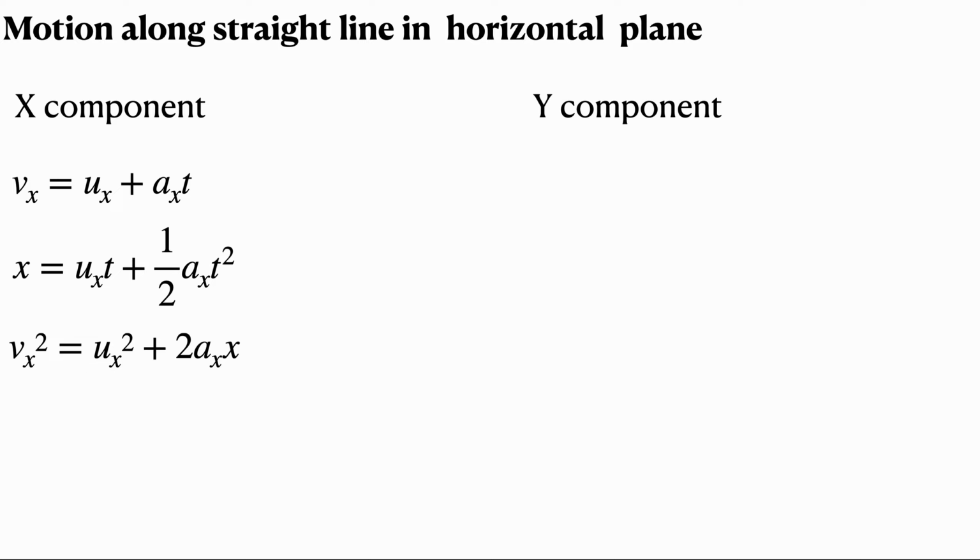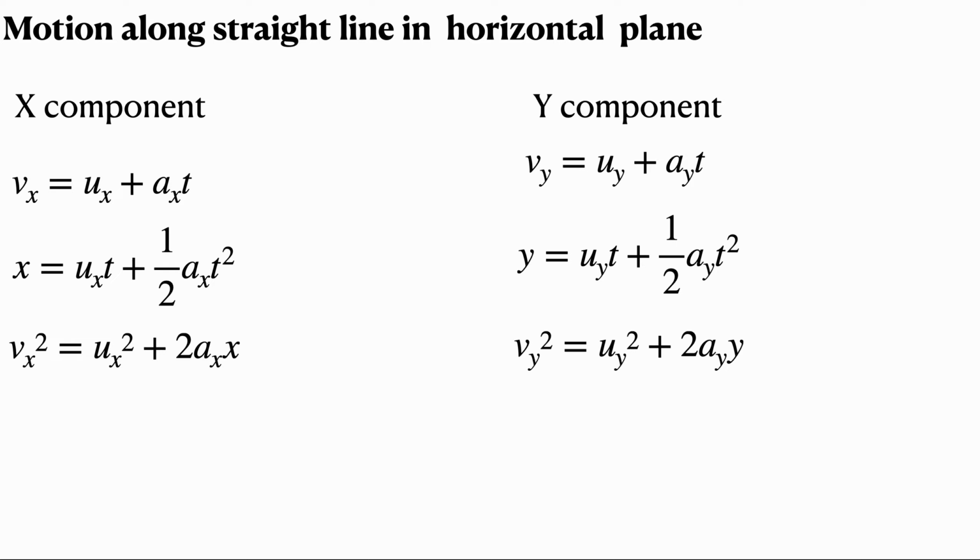And if you consider the y component, we get vy equals uy plus ay t, and y equals uy t plus half ay t square, and vy square equals uy square plus 2 ay y. So these are the six equations we get to obtain the different variables between u, v and a.